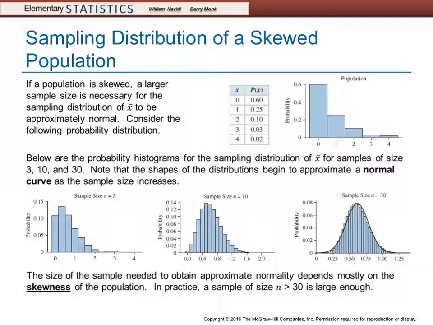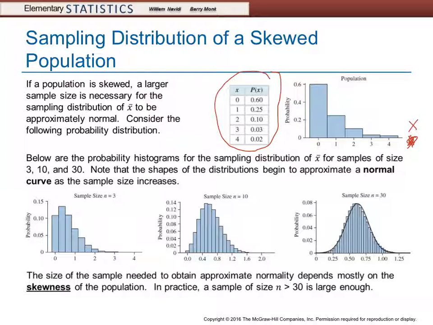So, if a population is skewed, a larger sample size is necessary for the sampling distribution of x bar to be approximately normal. Consider the following probability distribution. This is for a population, for the value of x, and now, not x bar, just x, sorry.